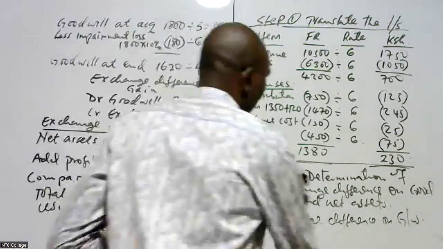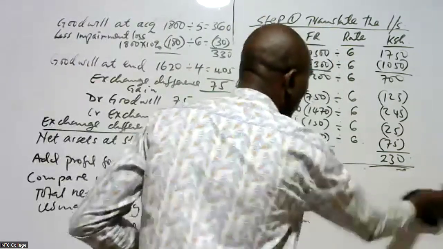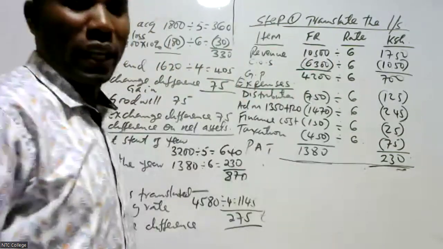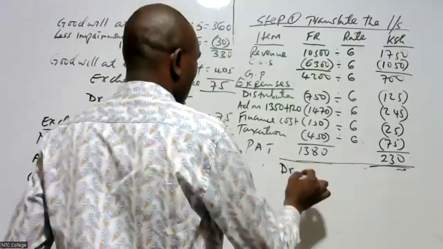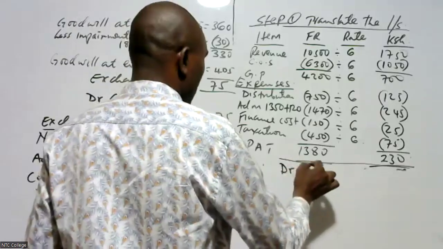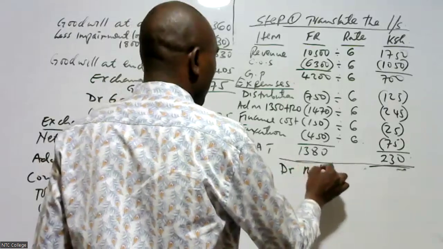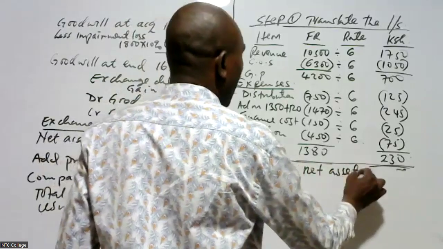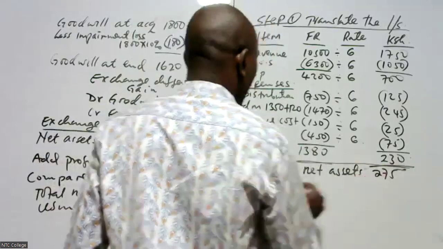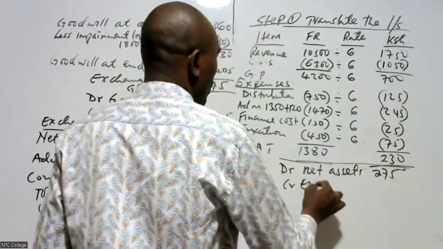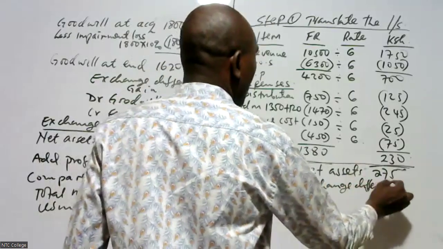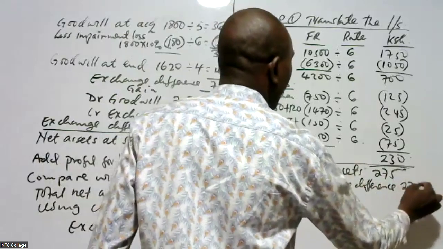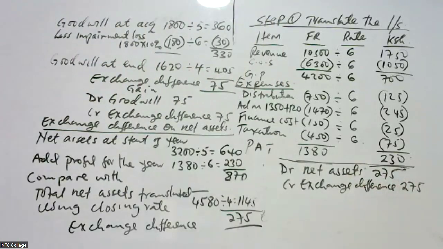This 275, what are we going to do with it? You debit net assets with 275.